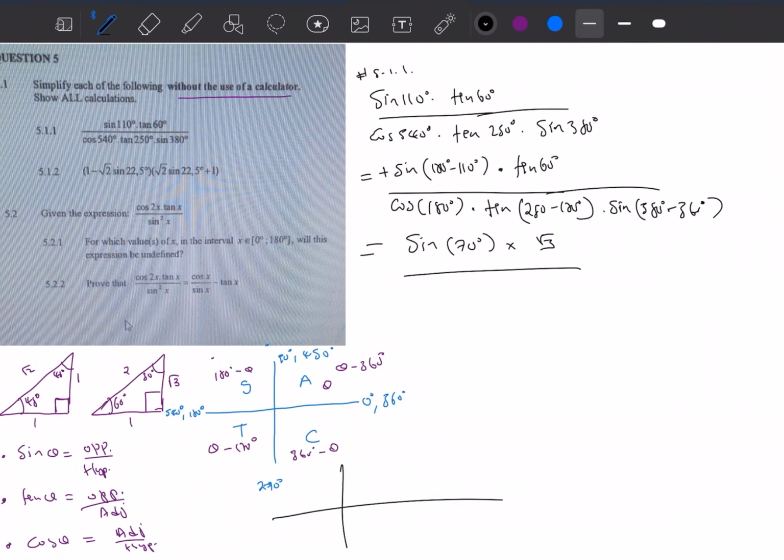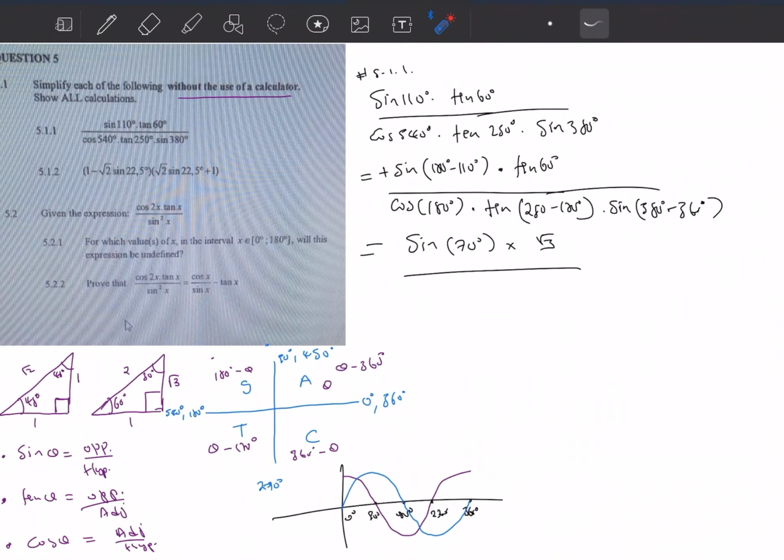Okay, so this is cos, where this is 0 degrees, 90 degrees, 180 degrees, 270 degrees, 360 degrees. That's cos. And then sine looks like this. This is sine. So we're looking at cos. That's what you're looking for, right?